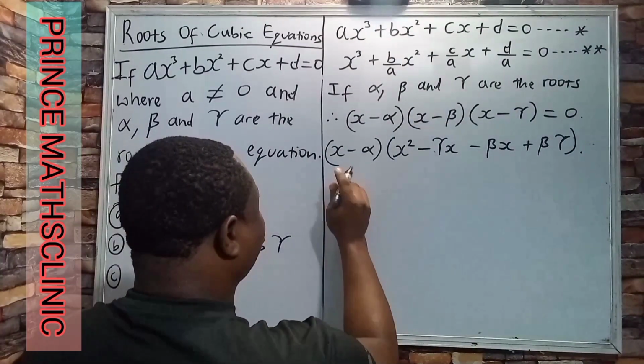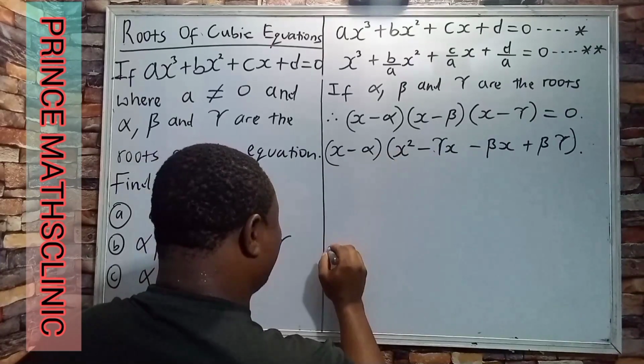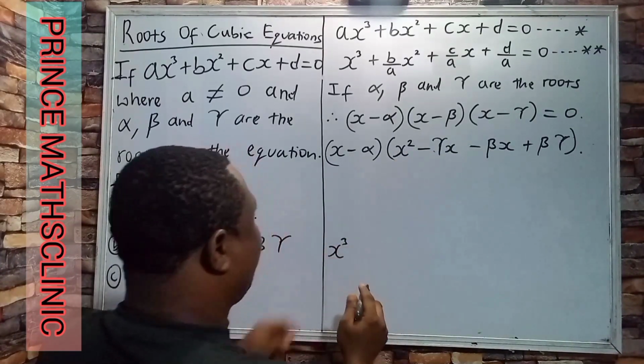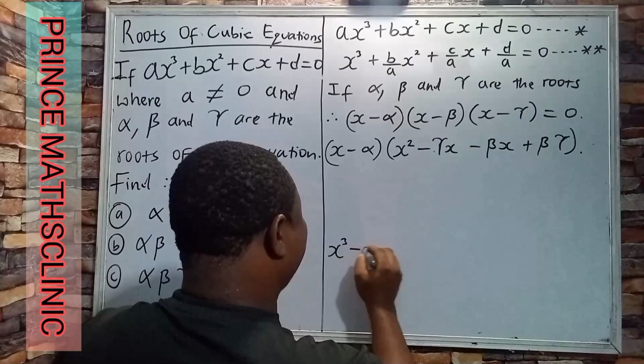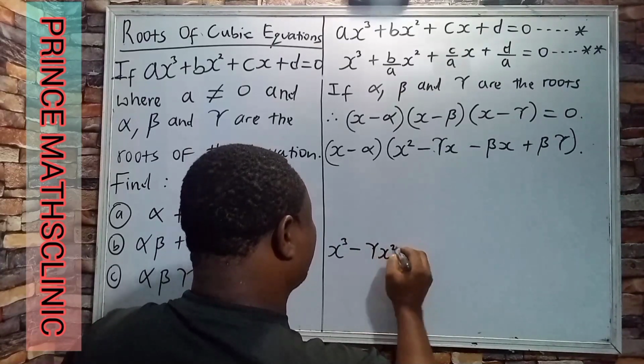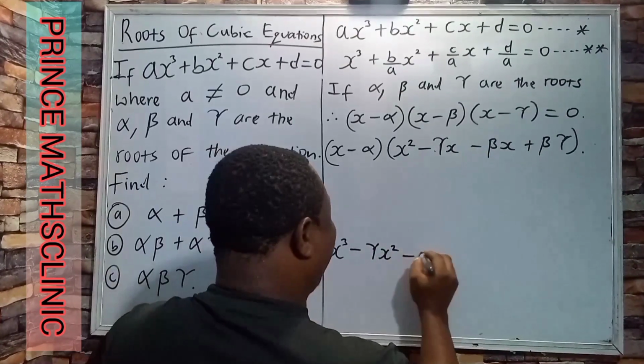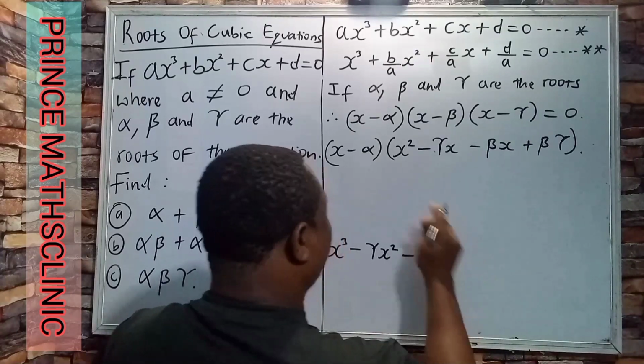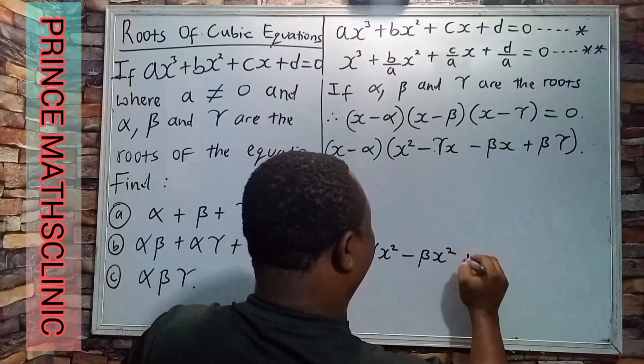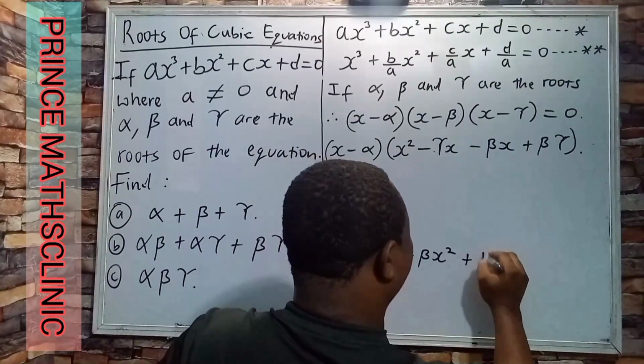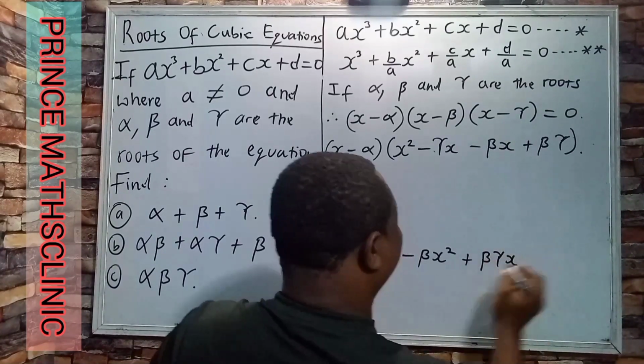If I do that, x times this gives us x to the power of 3. X times this will become minus gamma times x squared. Then doing this will become minus beta times x squared. Doing this will become plus beta gamma times x.